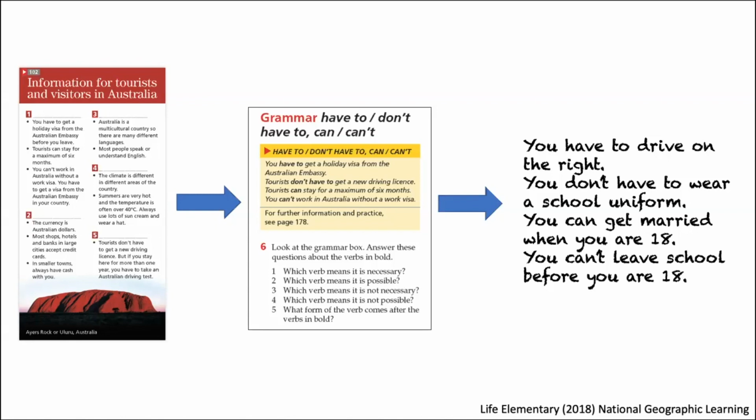So in this particular lesson, I thought, well, I'll change my routine. I'll break out of my normal habit. And instead I put the students into groups of 3. And each group, I said to them, I want you to think of a new name for your country. And I want you to think of new rules that you have to do in your country, or things that you don't have to do, or things that you can or can't do.